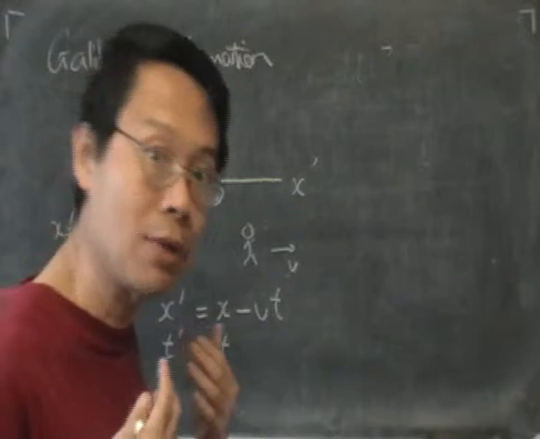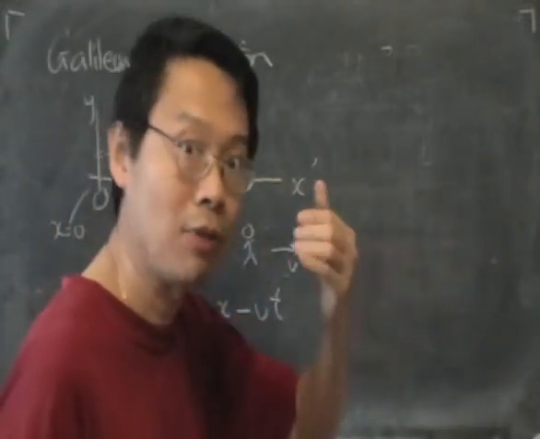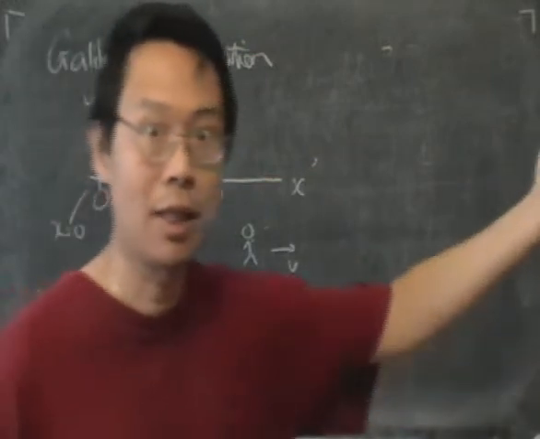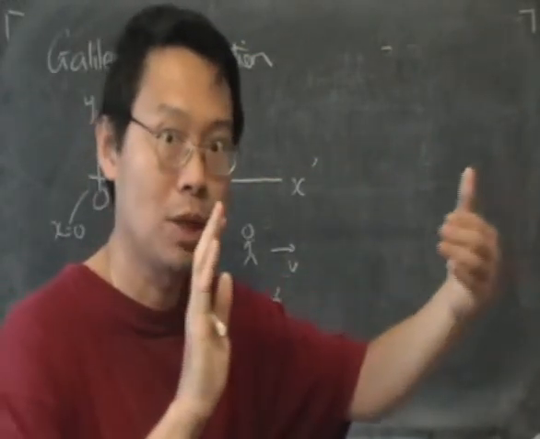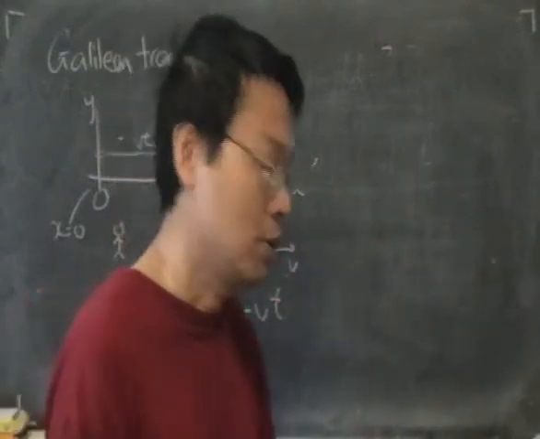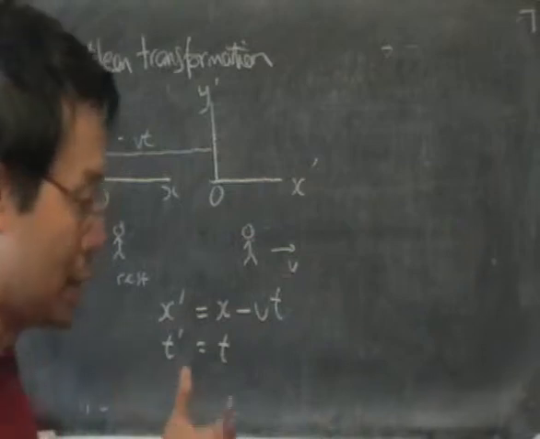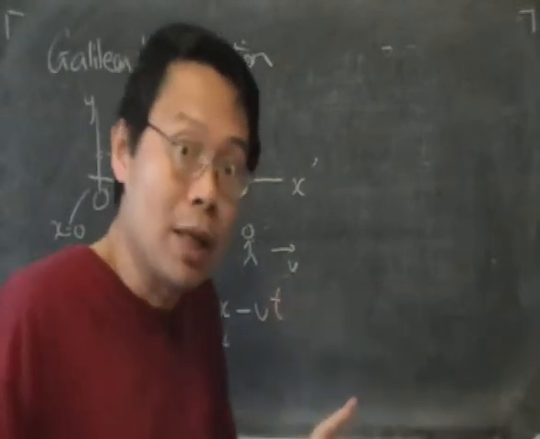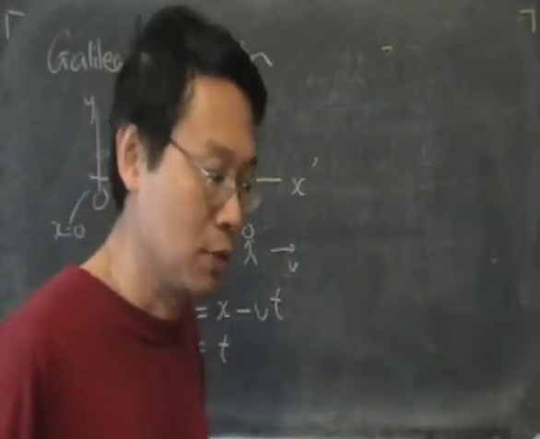But now if I start running towards the light, then I should find that the light is faster. Because as the light comes towards me and I run towards it, the light should appear to come towards me even faster. So that's the relative motion. So I would expect that the speed of light is different for different frames of reference.